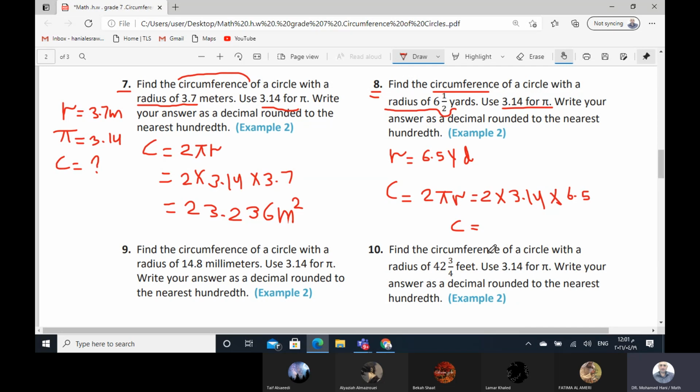Yes, 40.82. Great. So the answer will be 40.82. And what is the unit here? The unit is yards squared. Yard squared, great.